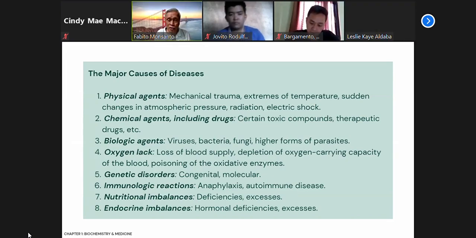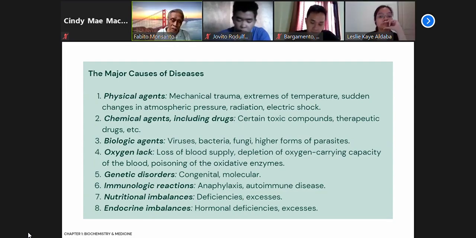Okay, so radiation. Now, there are so many forms of radiation. X-ray, UV rays, these are all radiation. And radiations coming from your laptop, coming from your cell phones.